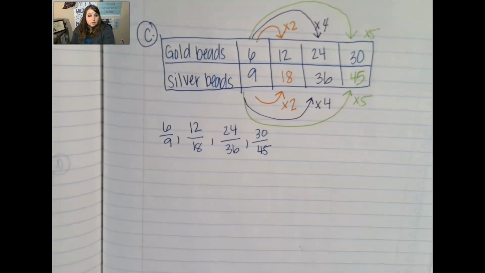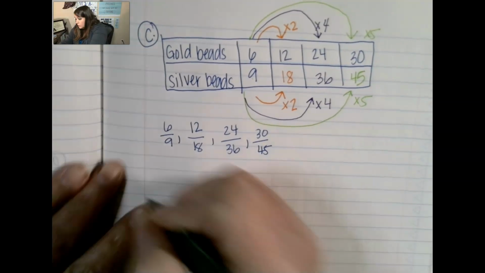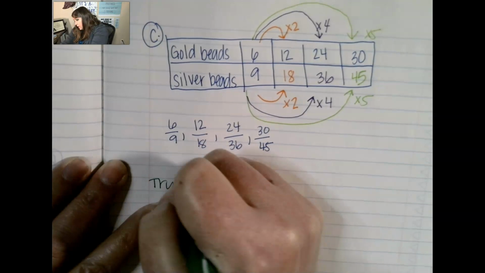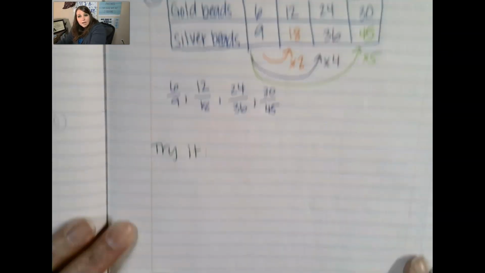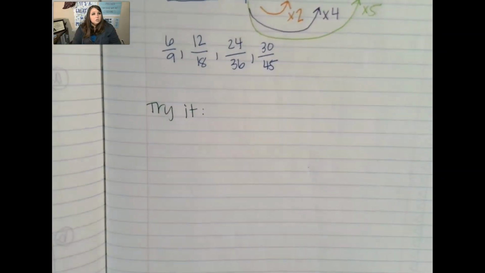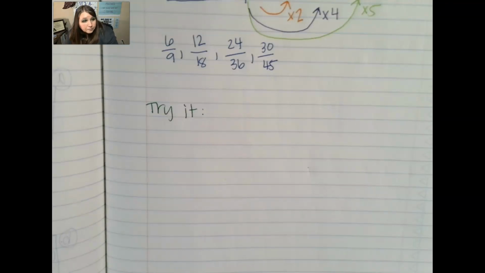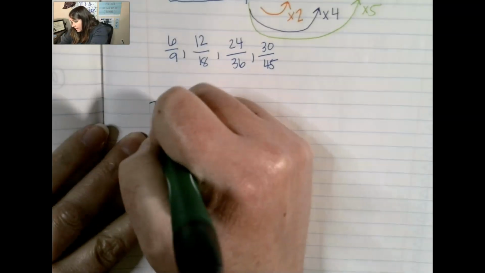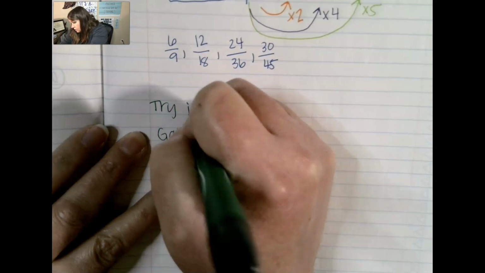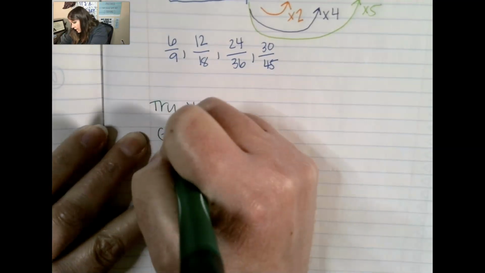Okay, it is your turn now to do a try it. So we're just going to do one try it today. In your try it, you need to fill out the ratio table and then find the equivalent ratios. All right, let's do gallons to days.